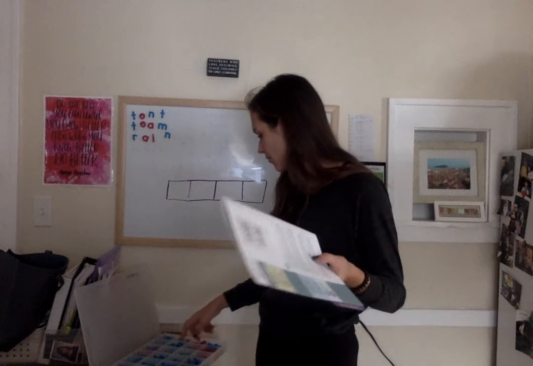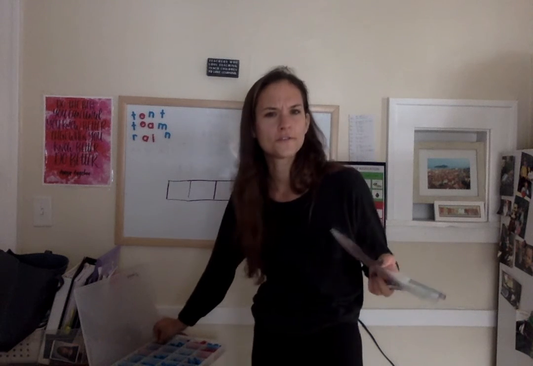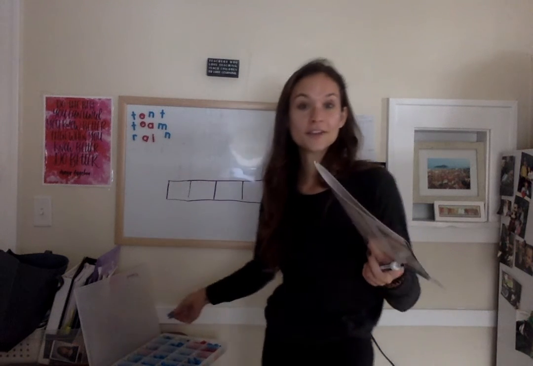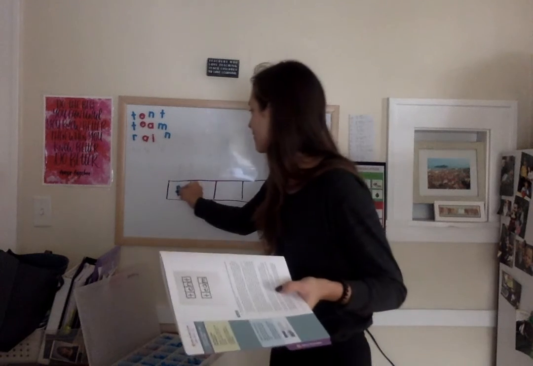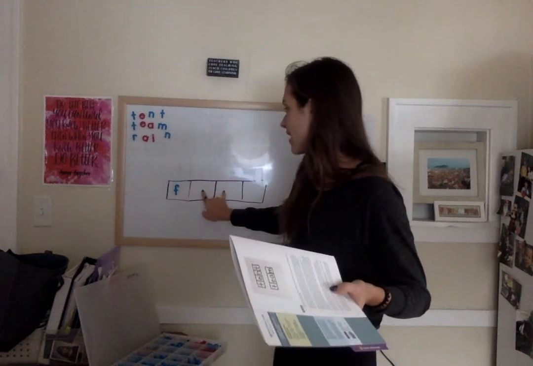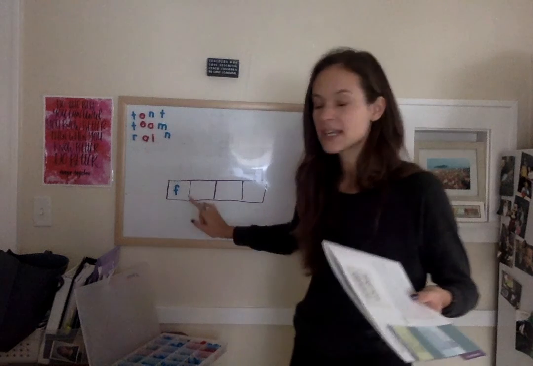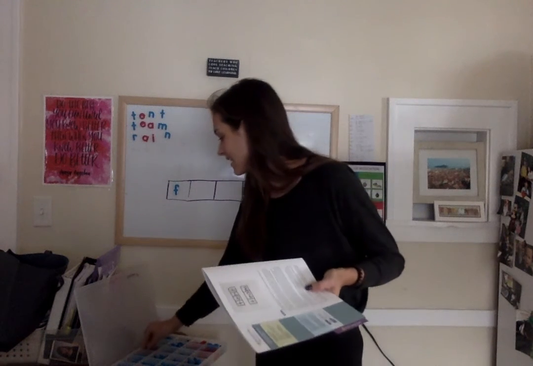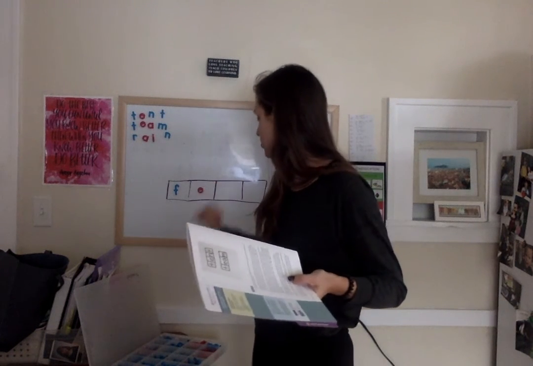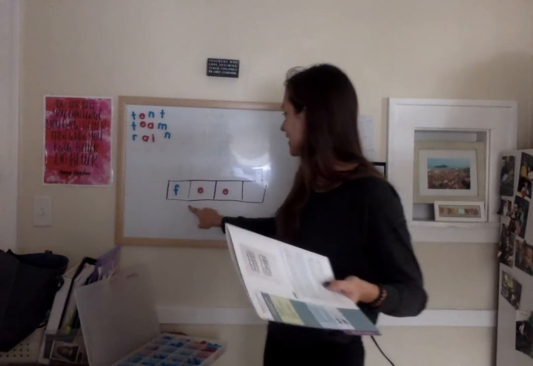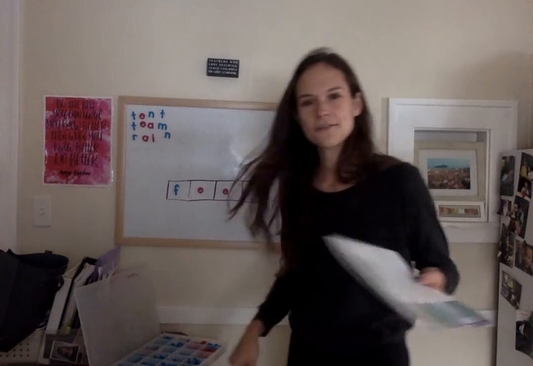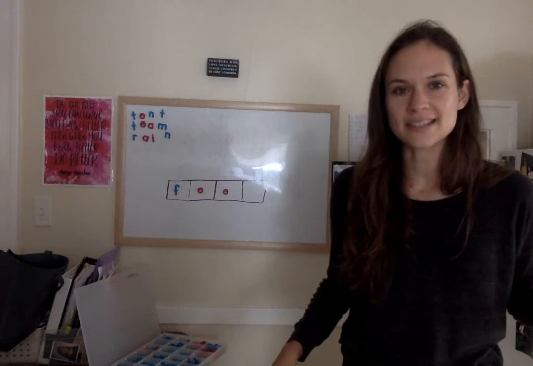So let's see. What is the first sound you hear? Feet. F, f. What letter makes that sound? The letter F. And then we have that e sound. And for the word feet, we need 2 E's. What's the final sound you hear in feet?